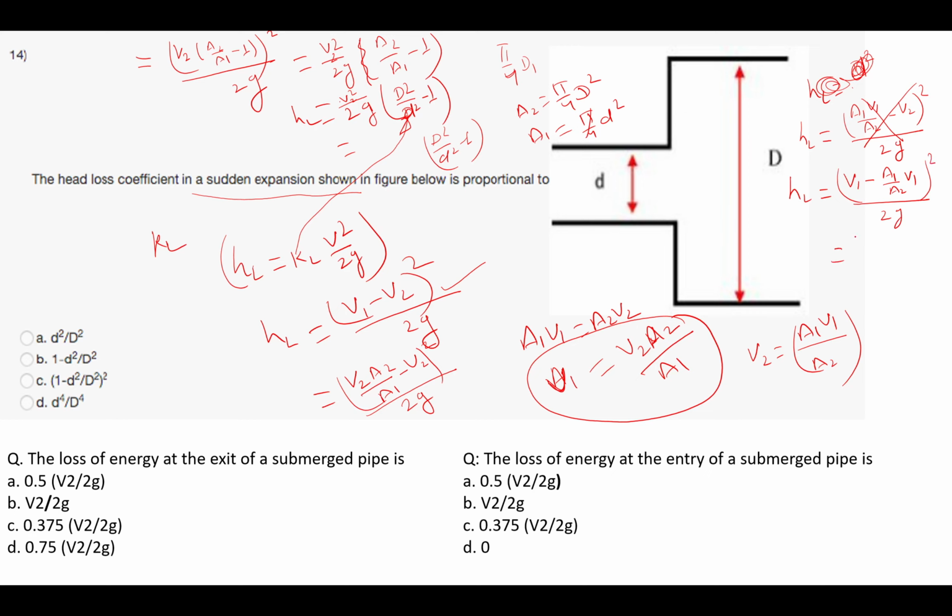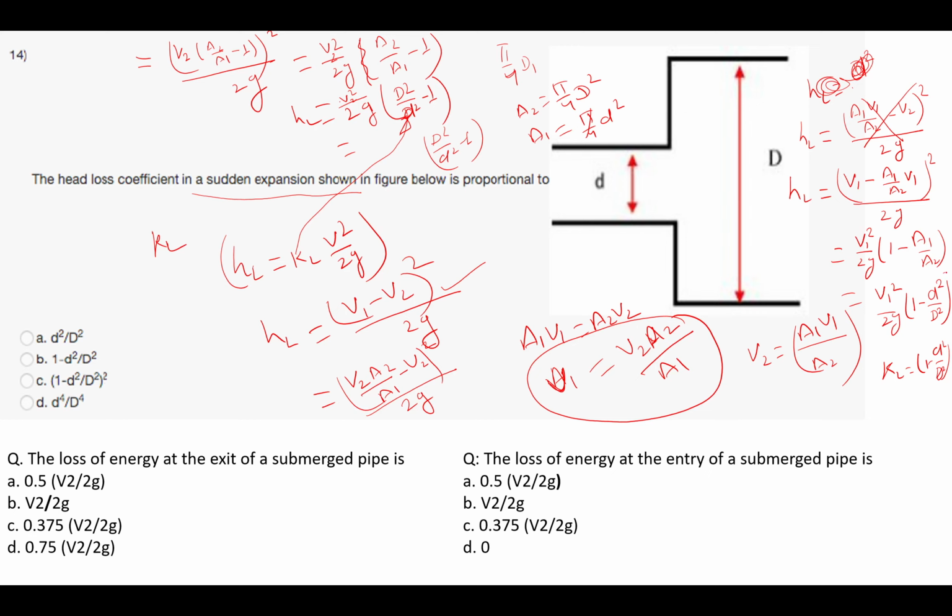Your V1 you can take common, V1 square by 2g, times (1 minus A1 by A2). Now with V1 square by 2g, 1 minus small d square by capital D square, so your KL is equal to (1 minus small d square by capital D square) whole square.